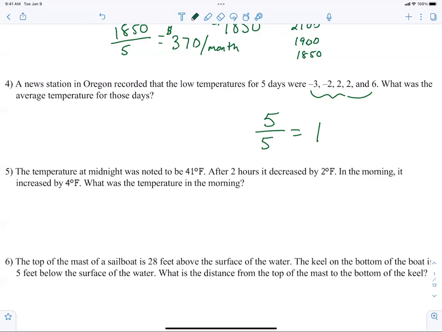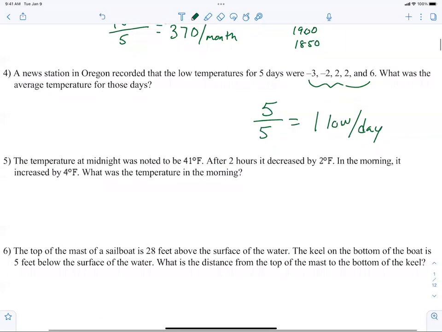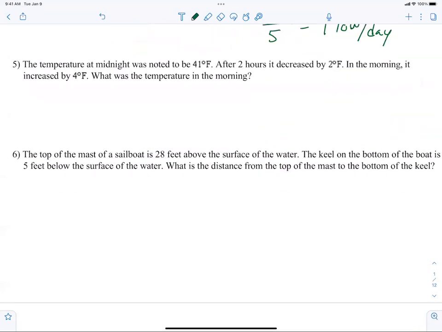So this 1 is the low temperature per what? Per day. Right, so it's about 1 degree. All right, that's the average. All right, 1 degree low per day. All right, next, let's go. Read it to me.